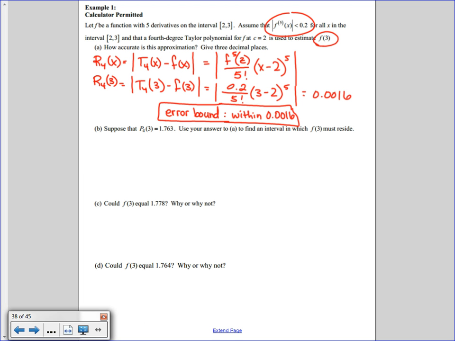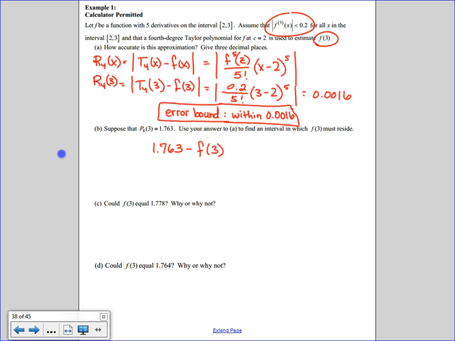Suppose that the 4th degree polynomial of 3 is equal to 1.763. Use your answer to find an interval in which f of 3 must reside. Well, then we just have to apply it. If the error bound is within 0.0016, what do I do with my polynomial approximation? Plus and minus.